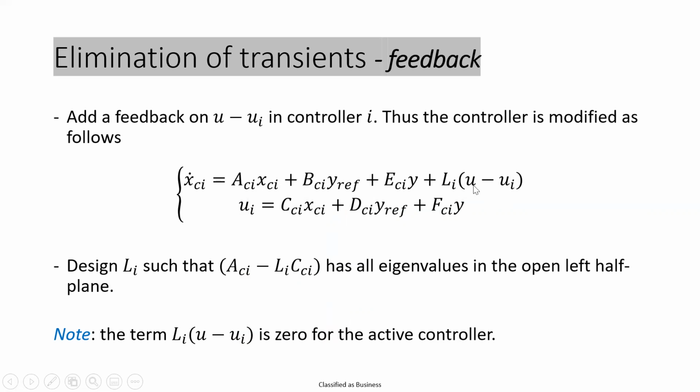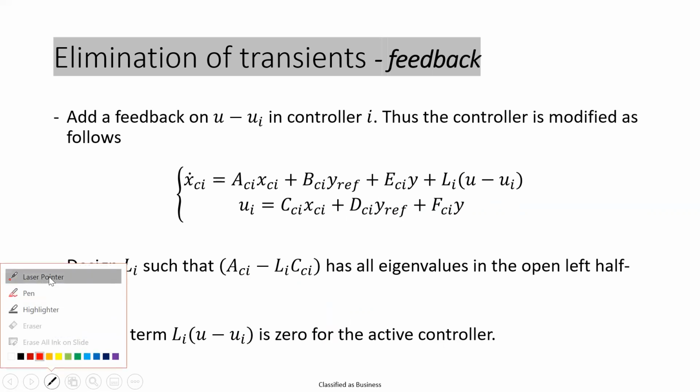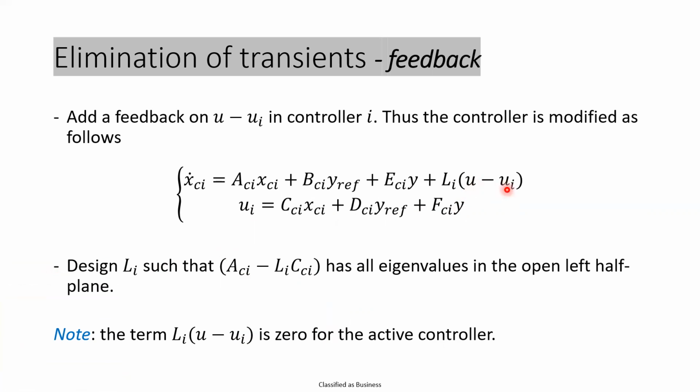So what you can do, because you have Li, Ui, and Ui is the output of the controller, is substitute Ui from the second equation. Because you have Ui here, you have added this term to the first equation, and Ui is given here.